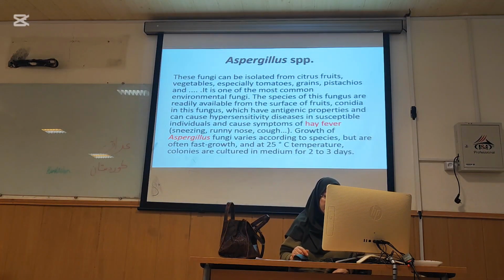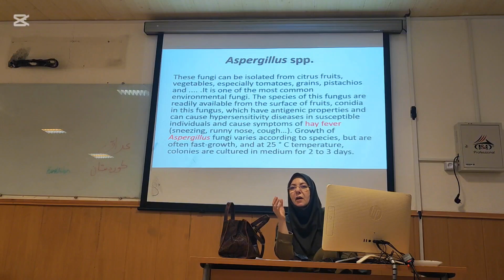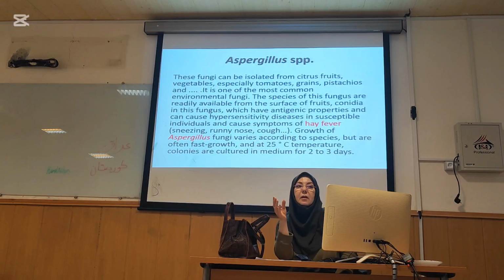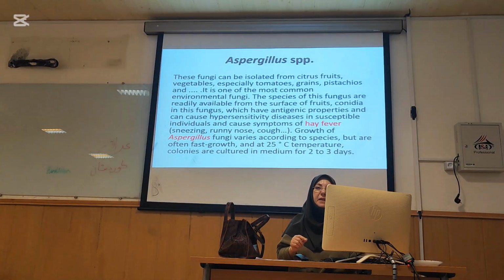Growth of Aspergillus varies according to species, but is often fast. Generally, all of the hyaline hyphomycetes have fast growth. About 2 up to 3 days they can grow in the culture medium. But dark fungi usually grow very slowly, about 10 up to 14 days.